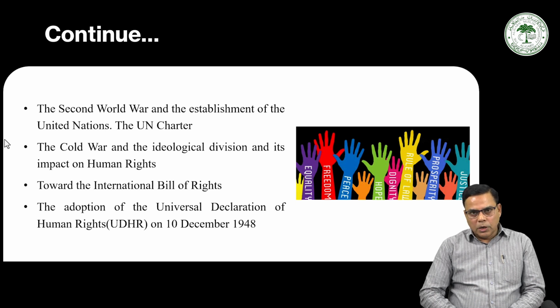Now, what we have to understand is that this Universal Declaration of Human Rights, which was called by Mrs. Roosevelt the Magna Carta of Mankind, shows you the significance of this document. It was the standard of achievement for all the people and all the nations.